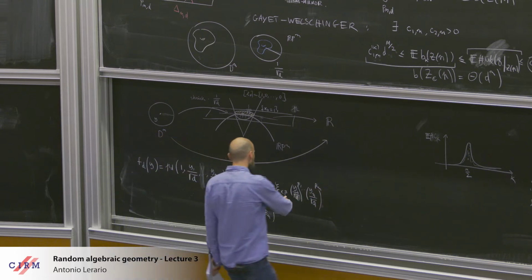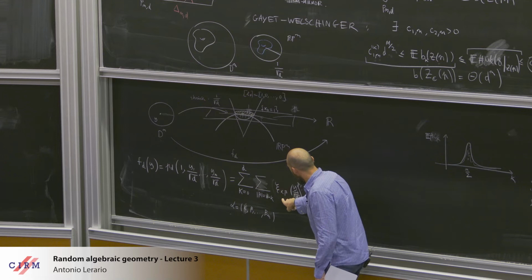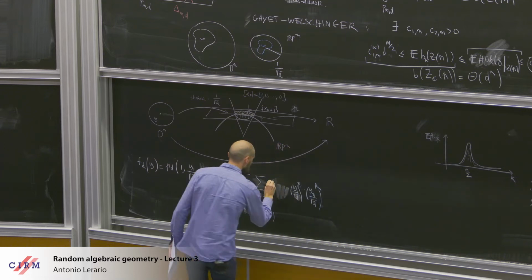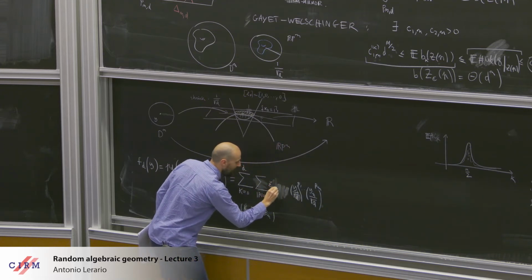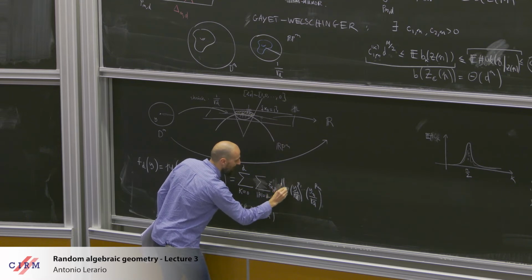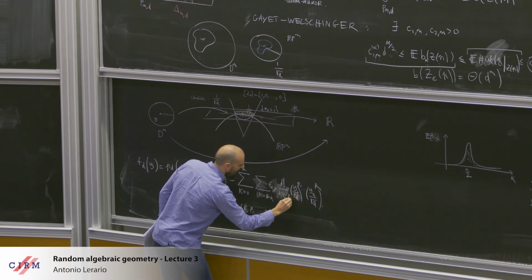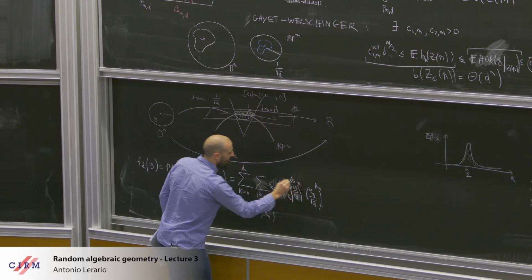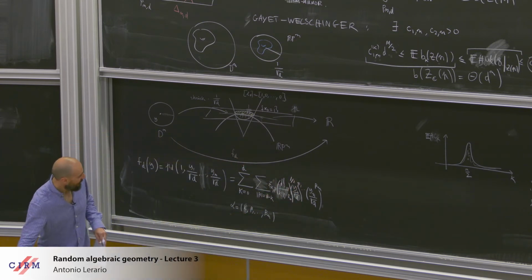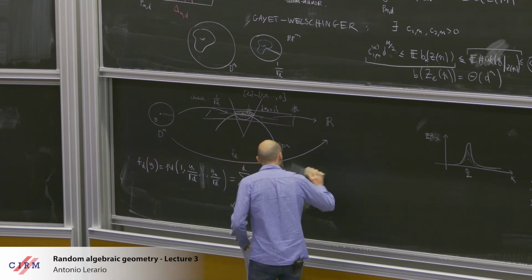And there are the weights, sorry. There are the Gaussian variables and these weights, d factorial over k factorial, beta 1 factorial, beta n factorial, everything to the power 1/2. I want you to see properly what's happening.